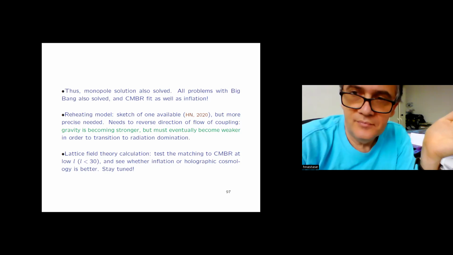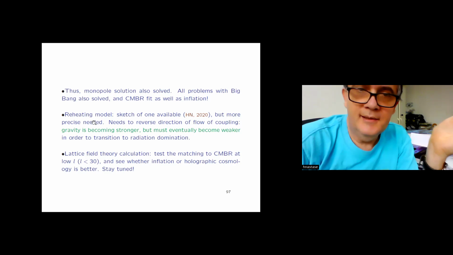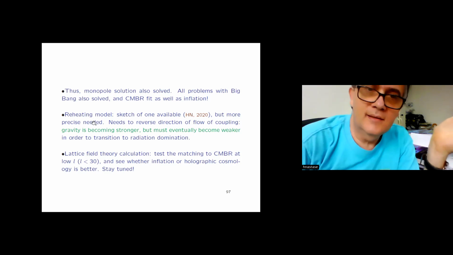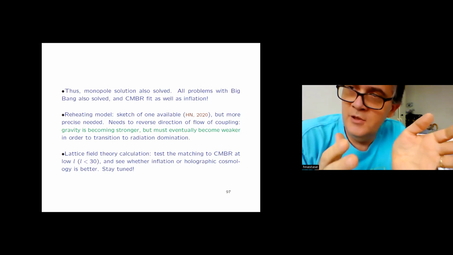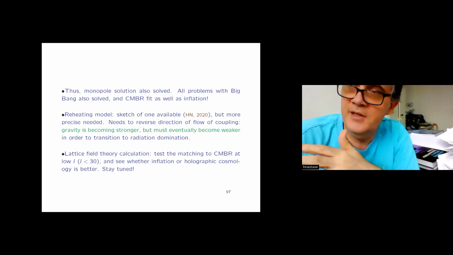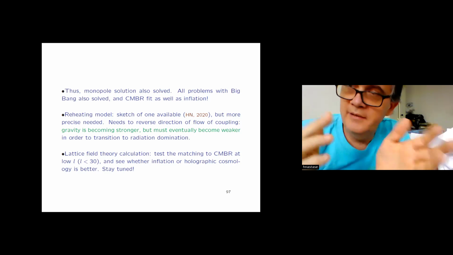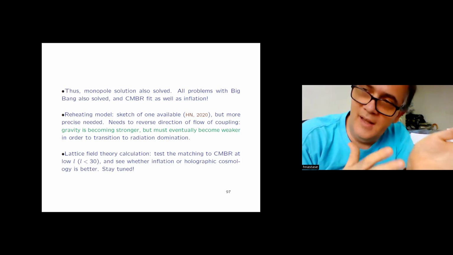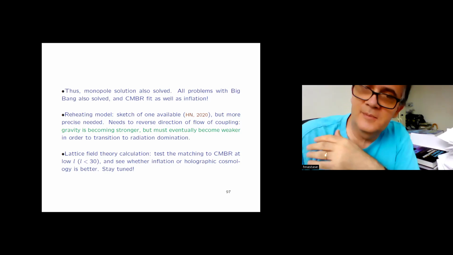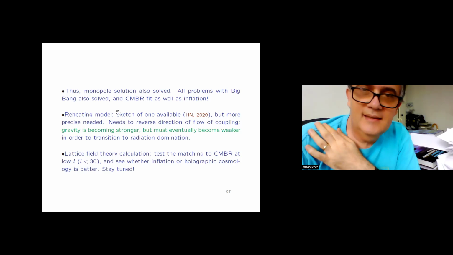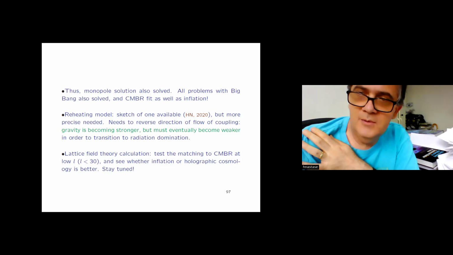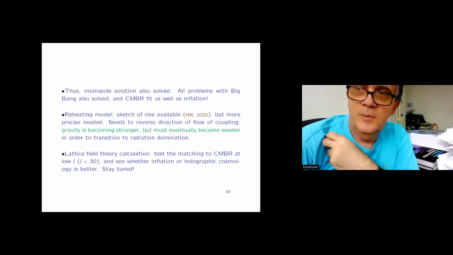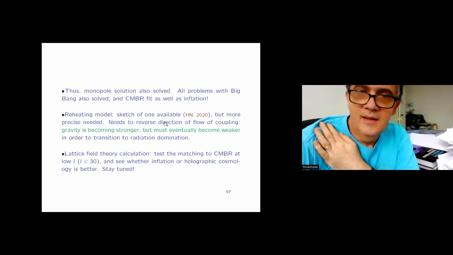So reheating means the transition from this phase, in this case a non-geometrical phase, to the usual radiation-dominated cosmology, just as in inflation it is the transition between inflation and radiation-dominated cosmology. There is a sketch of one available in a paper I wrote in 2020, but a more precise one is needed.